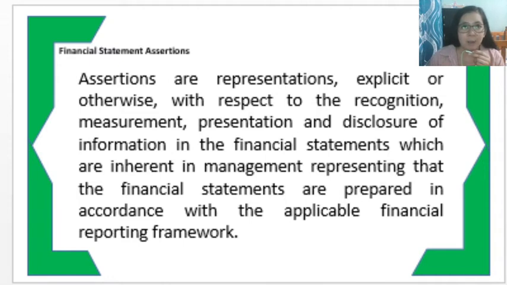So we have been talking about assertions before, and as we've mentioned, these are the representations made by the management which the auditor can see in the face of the financial statements, and that according to the management, it is prepared in accordance with the financial reporting framework, okay, or standards.